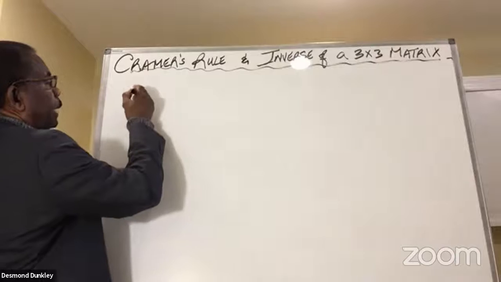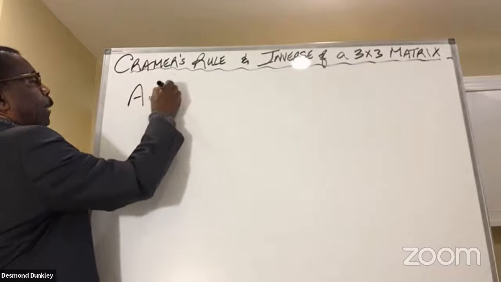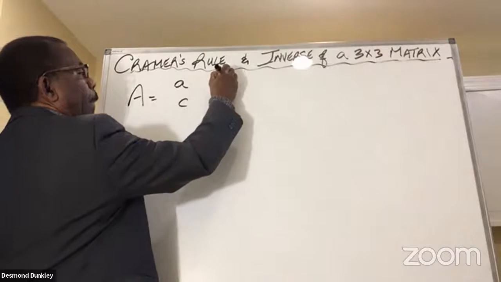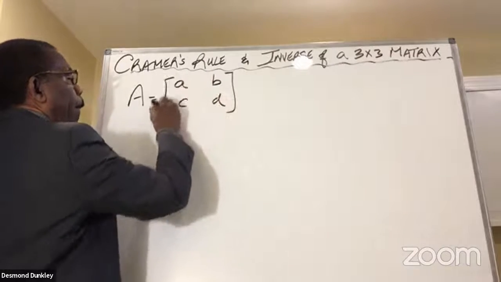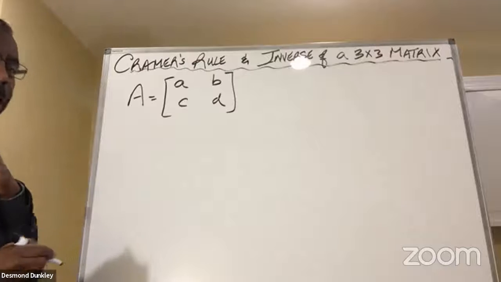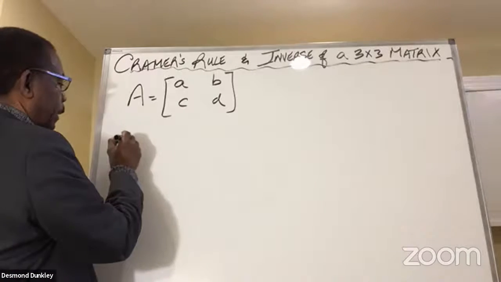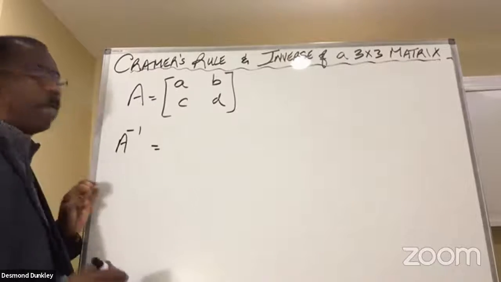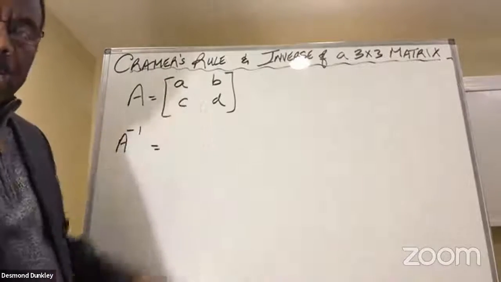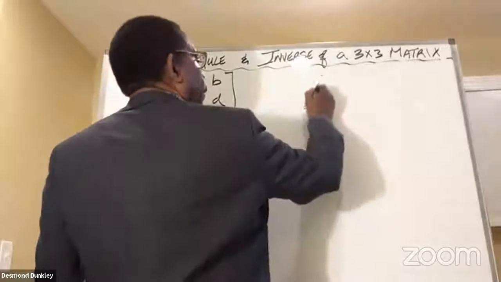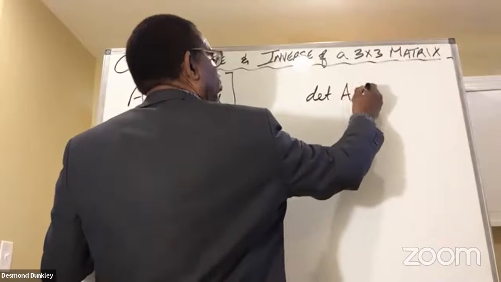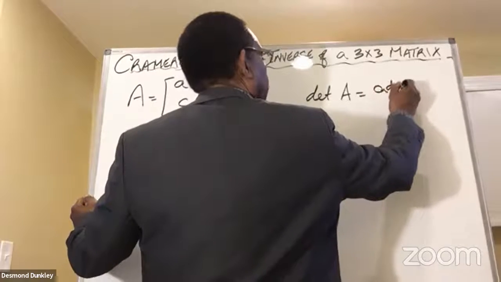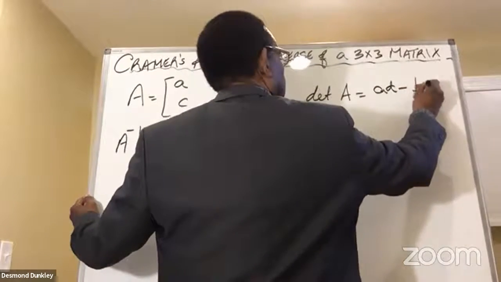So we said that if A is the matrix [a, b; c, d], to find the inverse matrix, which is A inverse, we first have to find the determinant of A, and we discover that the determinant of A is equal to ad minus bc.